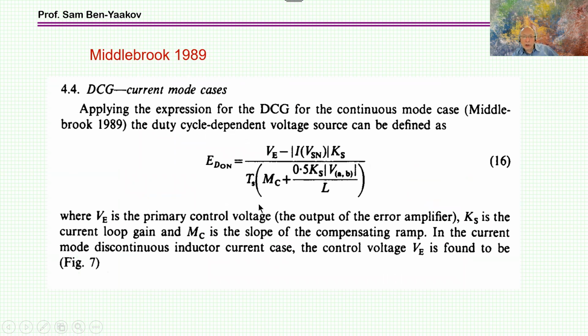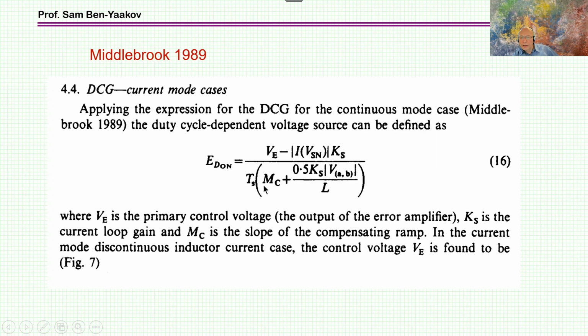in 1989, showed that this is actually the value of the duty cycle, that you can calculate it from all these parameters. What it is, this is the threshold, this is the inductor current, this is the translation of the inductor current into voltage, like this would be the resistance of the sense resistor, if you are measuring it with the resistor, that many milliohm that convert the current to a voltage, because everything here is in voltage, the units.